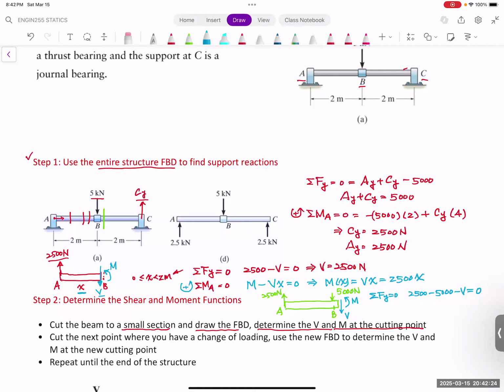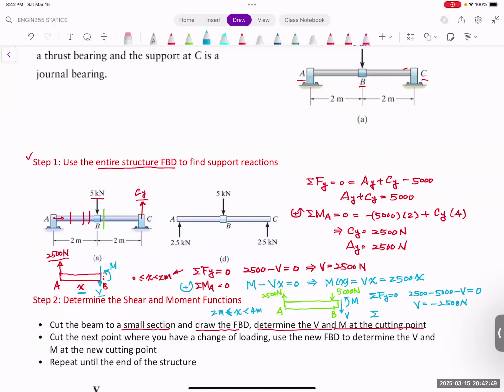Okay, so this is the situation when the x is less than 4 meter, but is greater than 2 meter. So my V is going to be equal to negative 2,500 Newton.